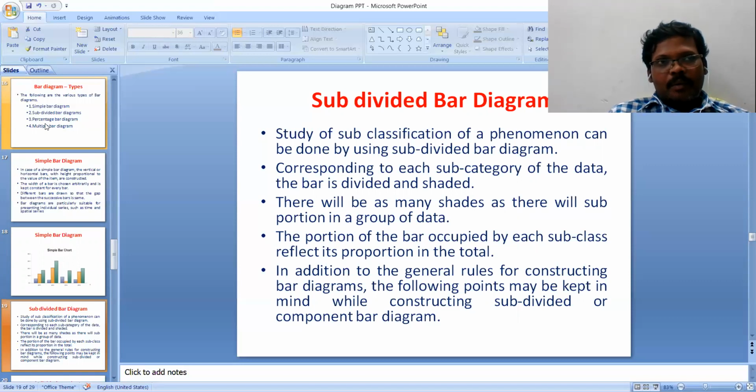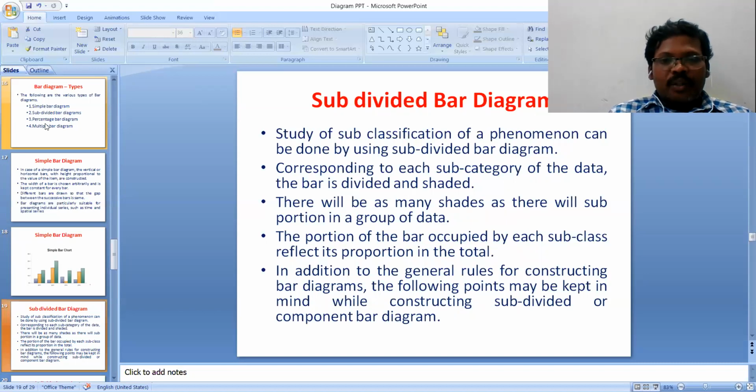For example, the total agriculture sector growth rate is 4%. This is an extreme value that we can see in the simple bar diagram. But within this year, the first quarter growth rate, second quarter growth rate, third quarter growth rate, like that, we can take this sub classification in the subdivided bar diagram.